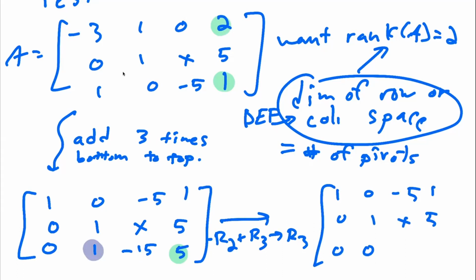That 1 is going to cancel with the 1 there, which is what I want. Minus row 2 is minus x, plus row 3, minus 15. And when I do this one, I get a 0 here as well.